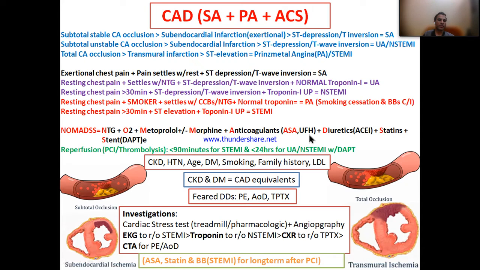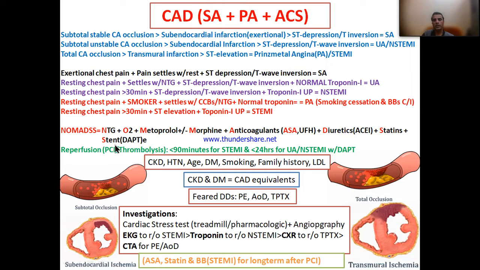And you can give unfractionated heparin. And diuretics can be given as well, and statins forever, for lifetime, okay? And then you can perform the stent placement procedure as well.